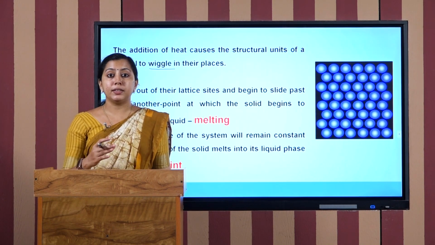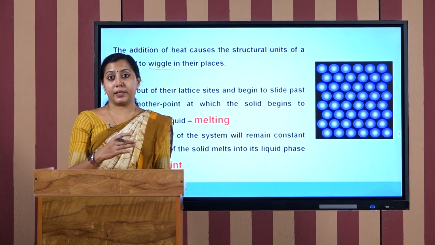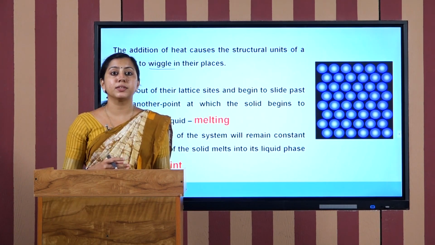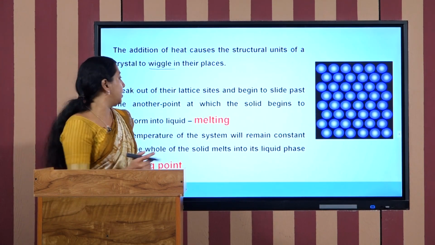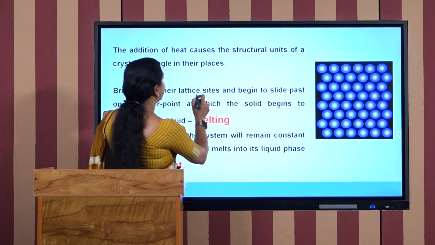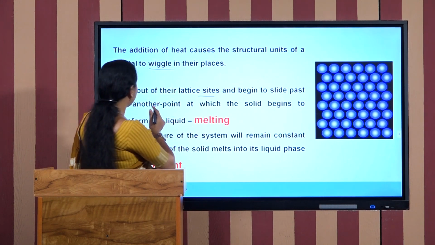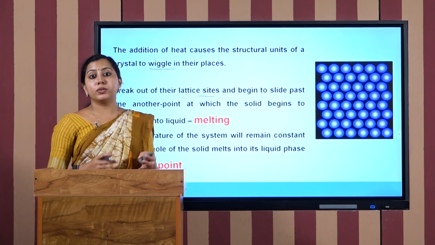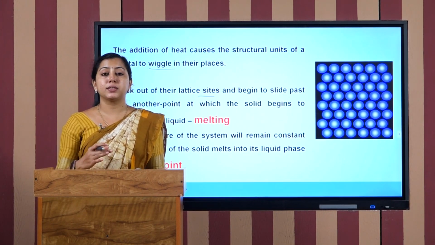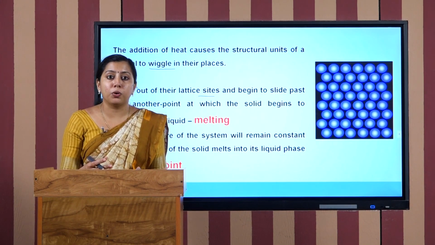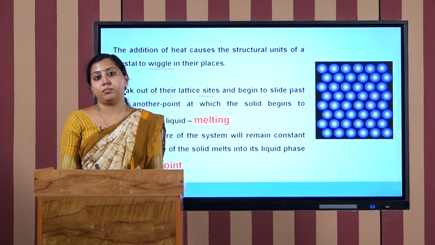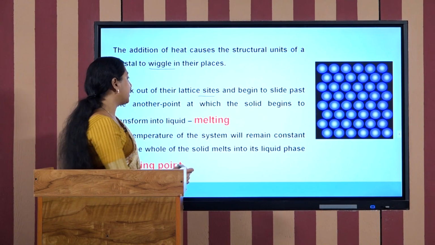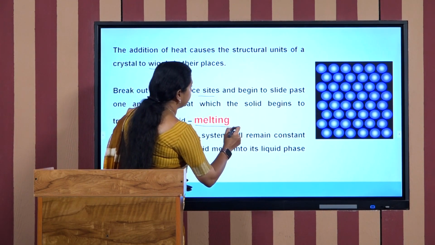Eventually, these structural units, that is they can be atoms, ions or molecules, break out of their lattice sites and begin to slide past one another. Now, this is the moment at which the solid begins to transform into liquid, and this is nothing but melting.